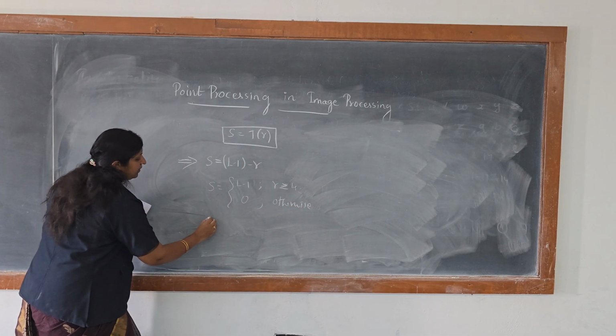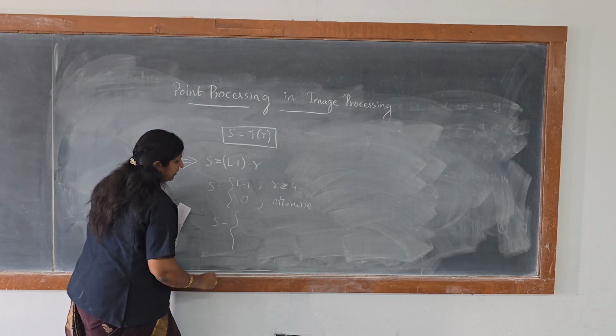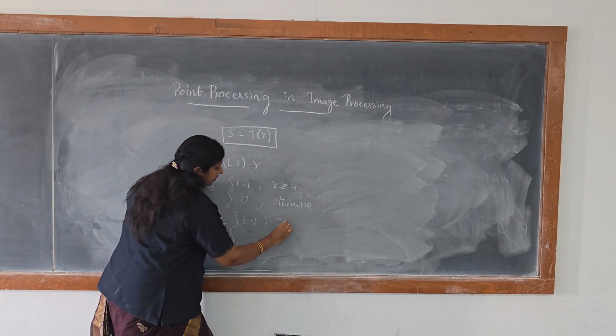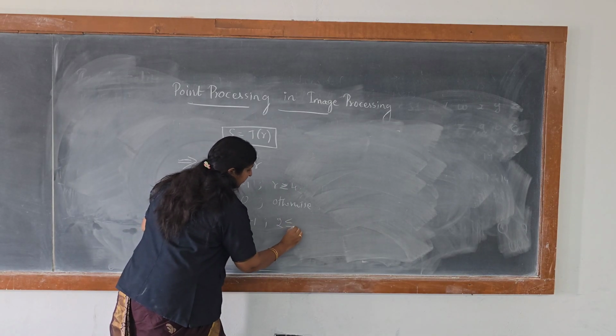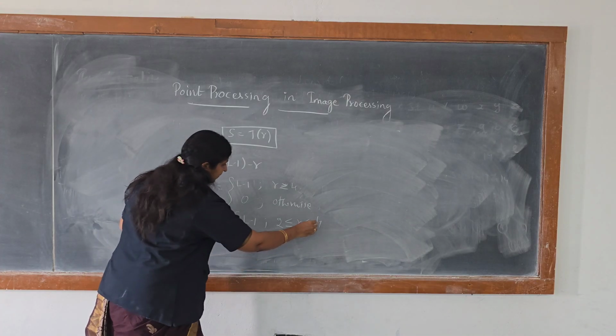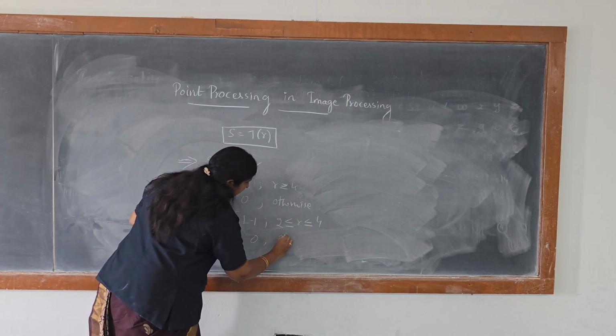The third method is clipping. Here we have used the relation S is equal to L minus 1 if the R value lies in between 2 to 4 or 2 to 5, we can fix the value, and 0 otherwise.